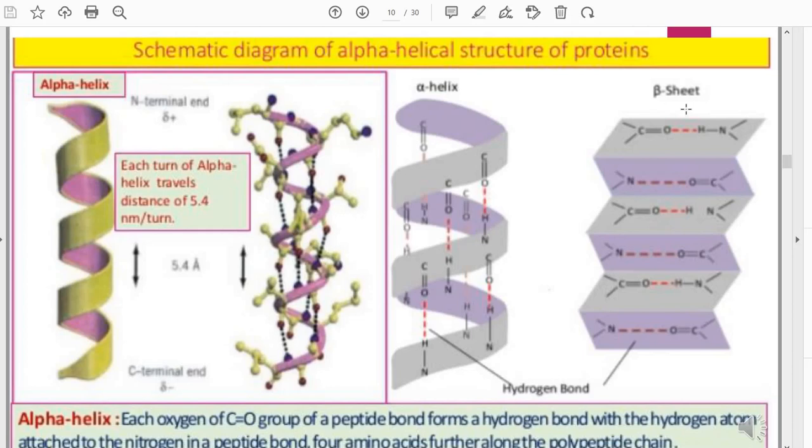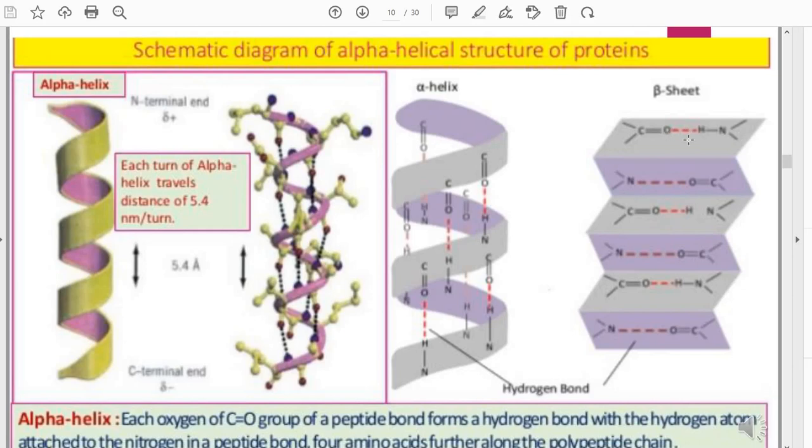This is the beta sheets. You will know the beta sheets are sheets parallel to each other, and the hydrogen bond is formed perpendicular to the sheets.